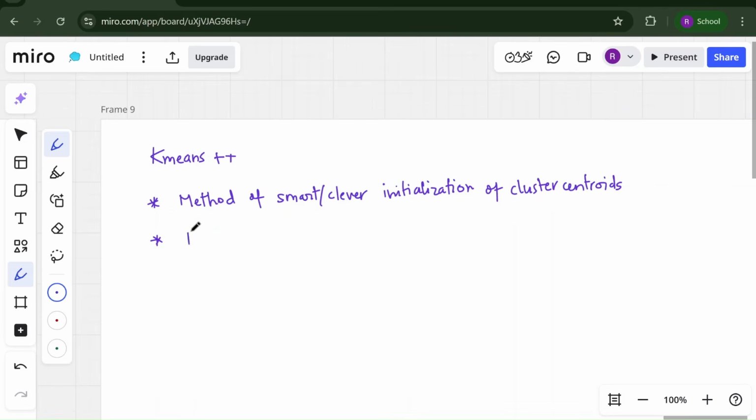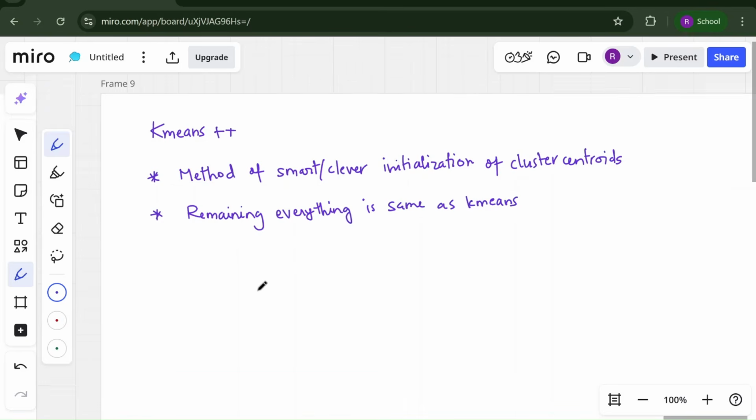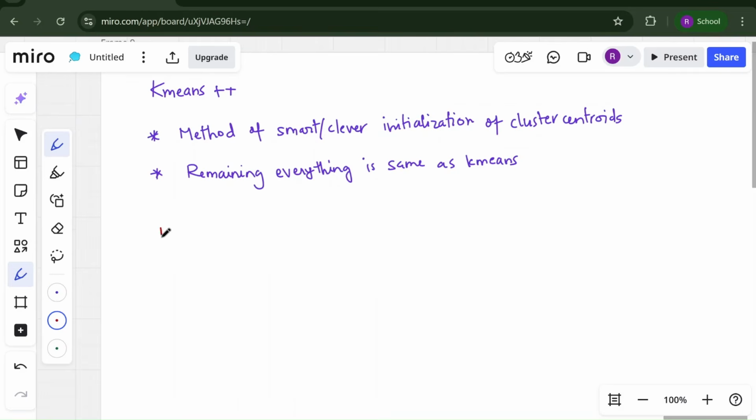Okay, remaining everything is same as k-means, normal k-means. Okay, everything is same as k-means. So what is this new thing? Okay, what is this new thing?